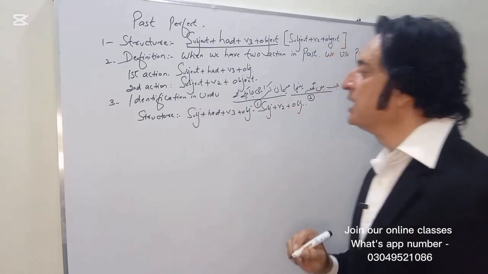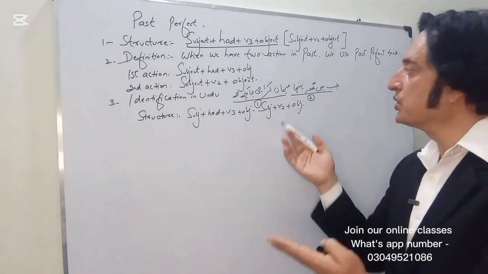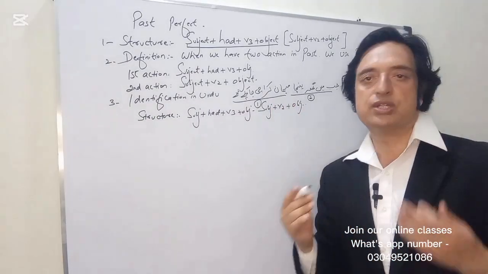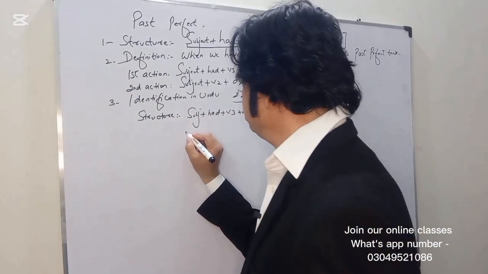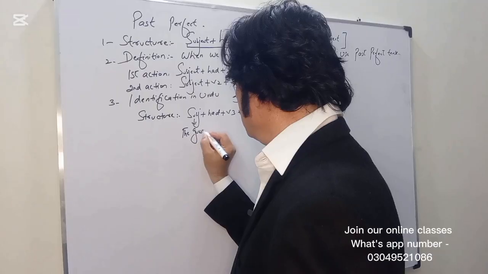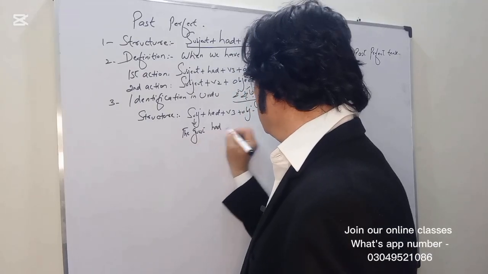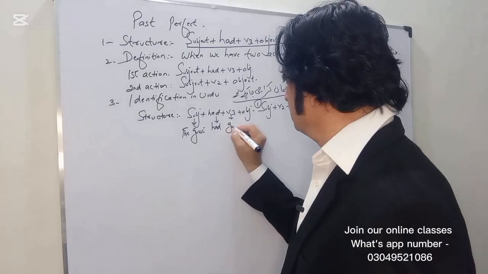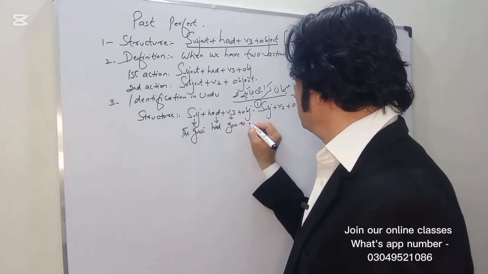The first action is मेहमान कराची जा चुके थे: the guest had gone to Karachi.